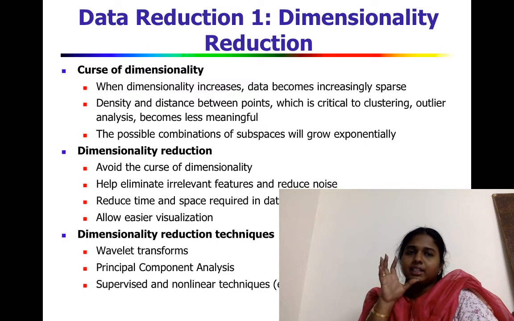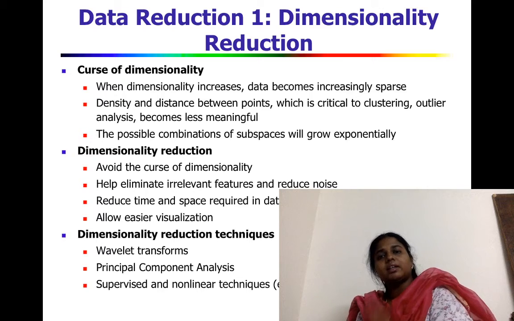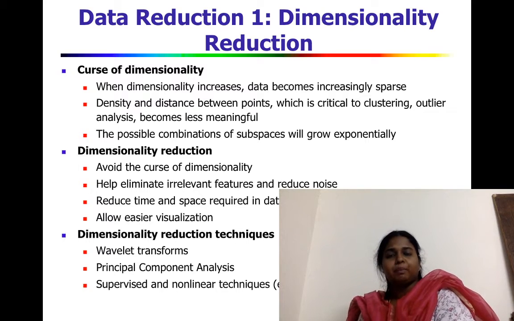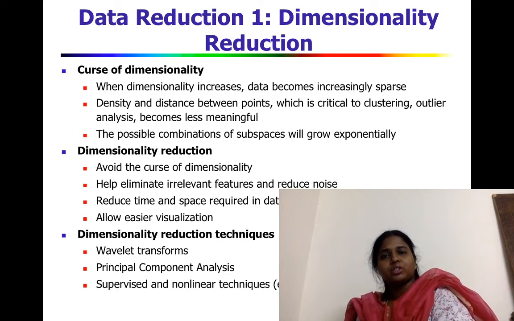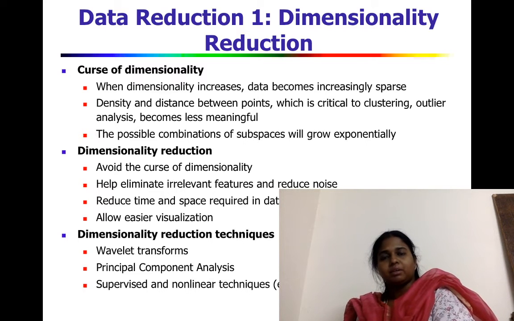In the student database, for the Aadhaar number issue, if I eliminate this Aadhaar number or this irrelevant feature, I can reduce the noise in the result of the data mining process. And naturally, I can reduce time and space required if I remove the Aadhaar number column for every student. And it also allows easier visualization.